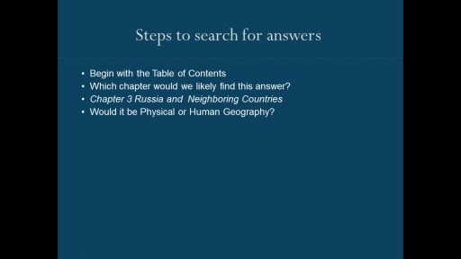Now, the second part of this index search is going to be figuring out which part of the chapter we're going to want to look at. Since the book is divided between physical and human geography, that's something else we have to think about. Which part of the geography are we going to want to look at?